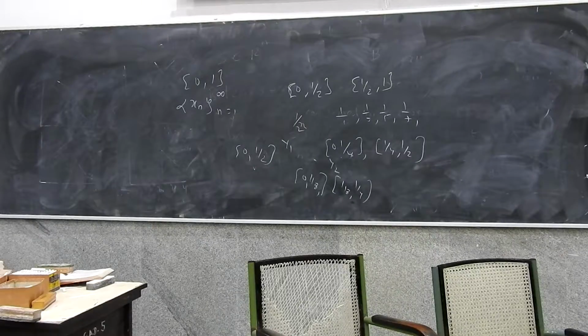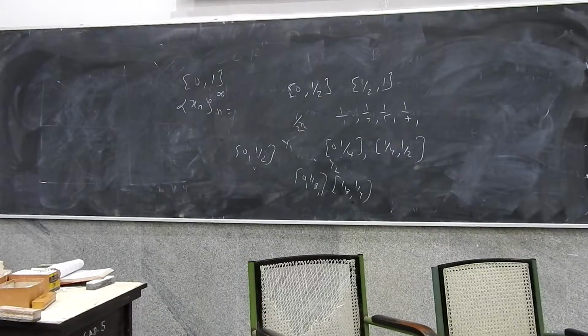It can lie on both, meaning, what did I mean by lying on both? Because I broke it into 0, half and half, 1. But I could always break it into two parts that are not necessarily symmetric.